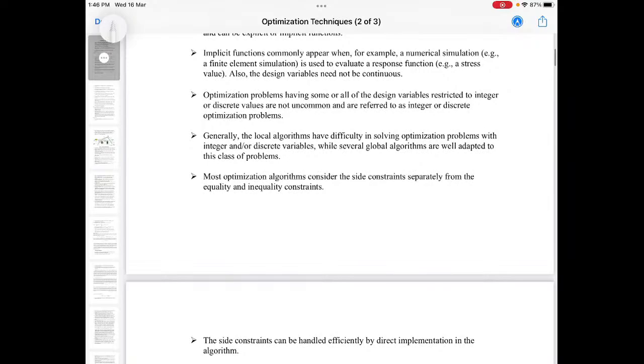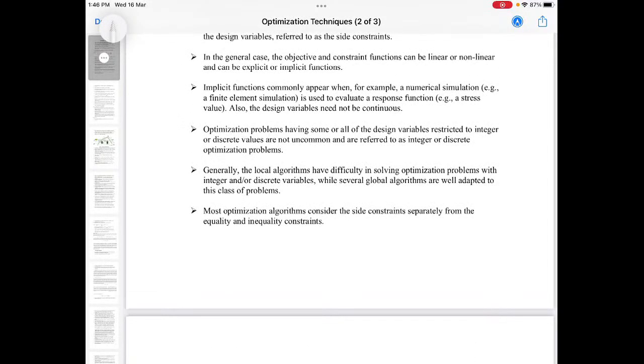Implicit functions commonly appear when, for example, a numerical simulation, for example a finite element simulation, is used to evaluate the response function, for example a stress value. Also, the design variables need not be continuous. So, what do you mean by implicit function?